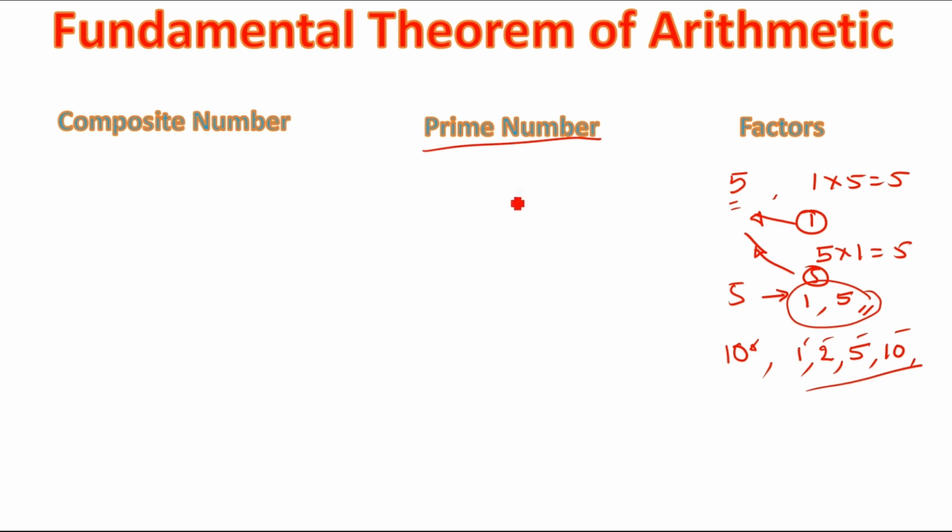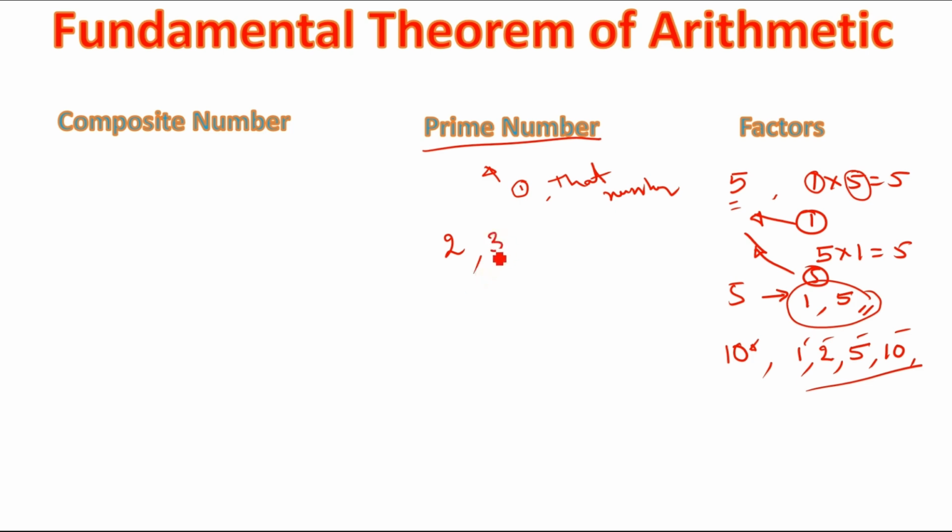Okay, now come to the prime numbers. If a number has only two factors, that number and 1, then that number is called a prime number. For example, if you take 5, 5 is a factor and 1 is a factor, and it has only the factors 1 and that number. Now the examples of prime numbers: 2, since that number and 1 are the factors, right?